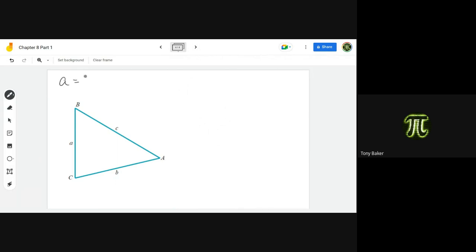So we're going to make A equal to 12, B equal to 14, and angle A equal to, let's make it, 48 degrees. All right.